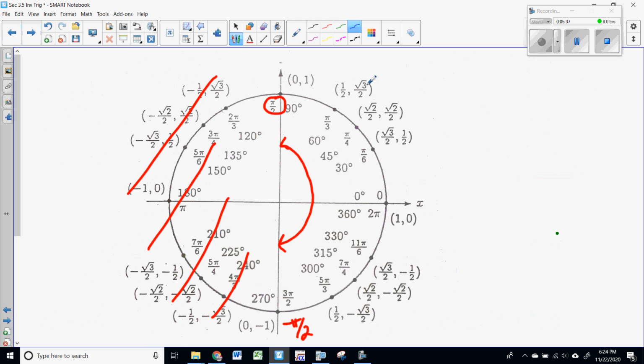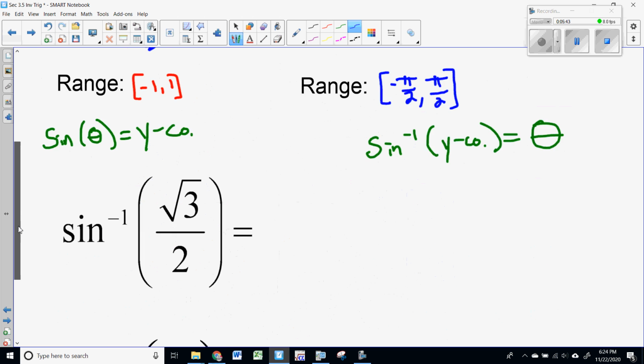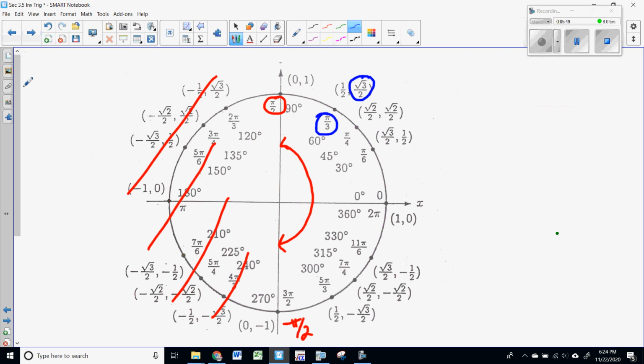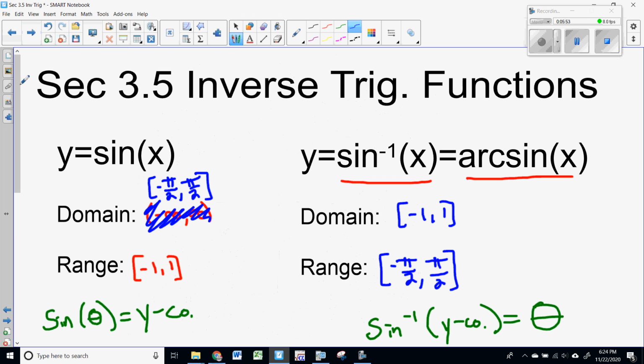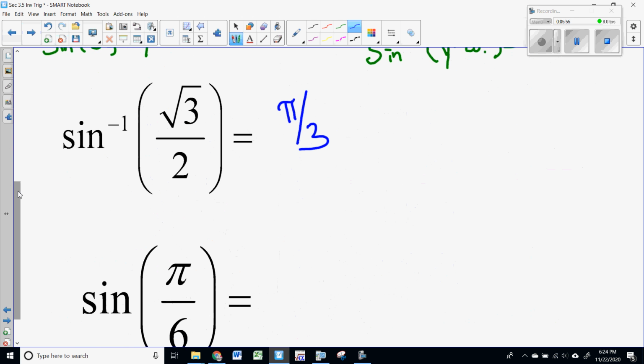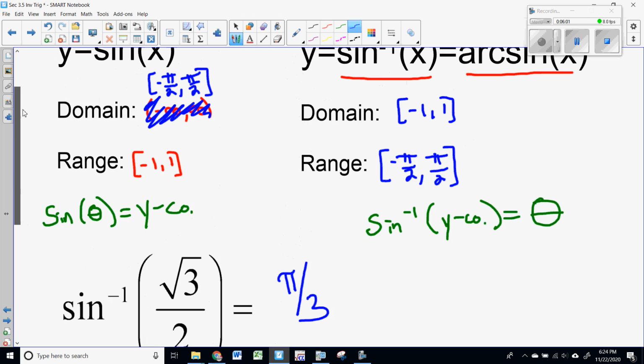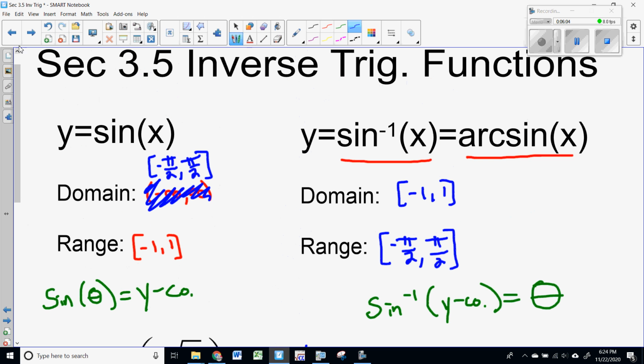Where is our y-coordinate of square root of 3 over 2? That is right here, so my angle is pi/3. If I said, what is sine of pi/6? That is, at pi/6, what's the y-coordinate? And it is 1/2. So that's a quick review of what inverse sine is. Inverse cosine, everything else is the same thing.